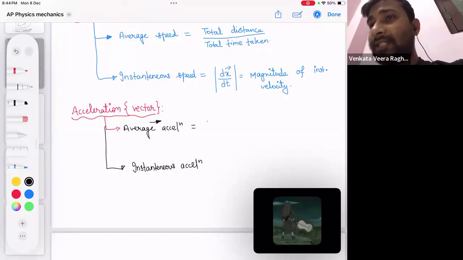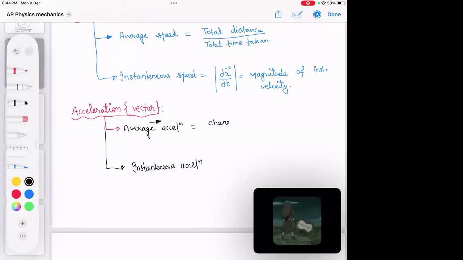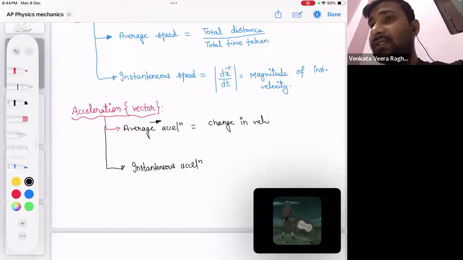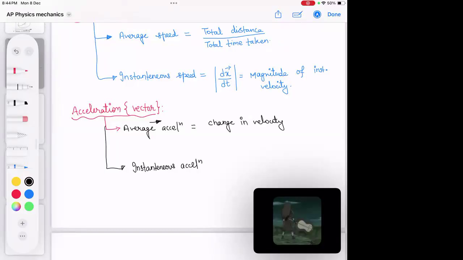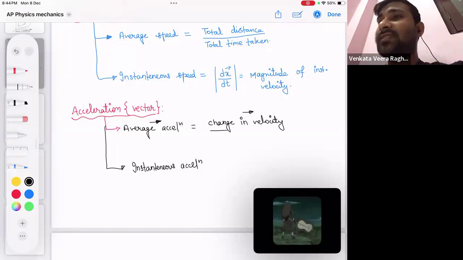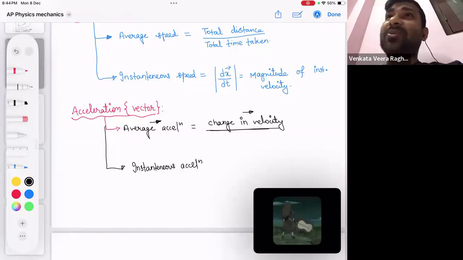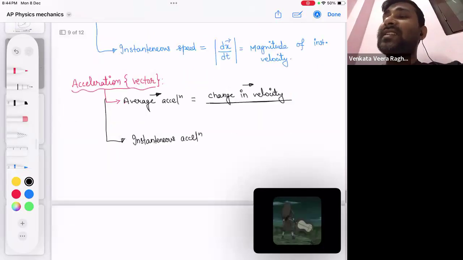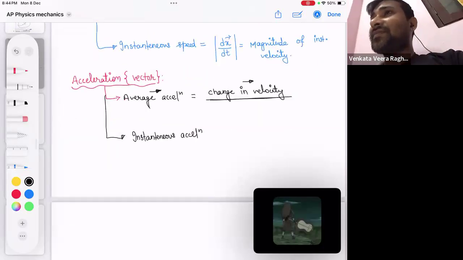So, average acceleration will be what? Change in velocity, not change in speed. Tell me velocity. Velocity and speed are different, right? Now you are not telling that because when the question comes, you will see that a small change, whether you are finding the change in velocity or the change in speed, will make a different answer.